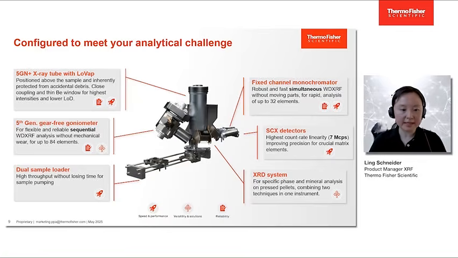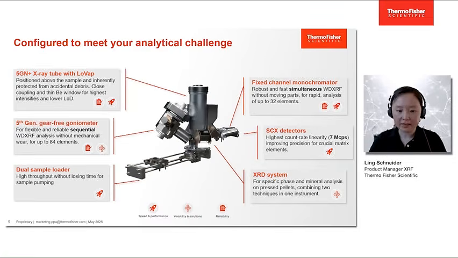The SAX detectors offer high count rate linearity, improving precision for crucial matrix elements. Additionally, the integrated XRD system allows for specific phase and mineral analysis, combining two critical technologies in one instrument for deeper insights into material composition and structure.